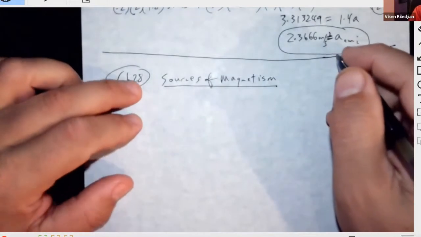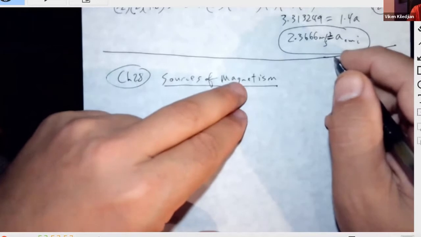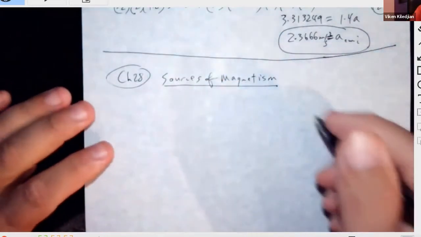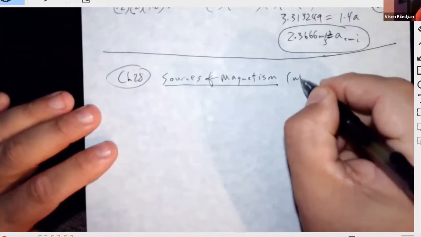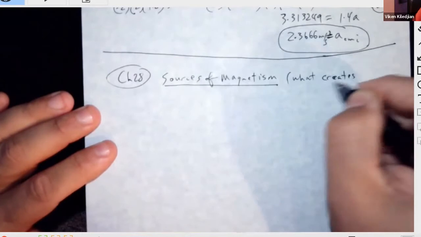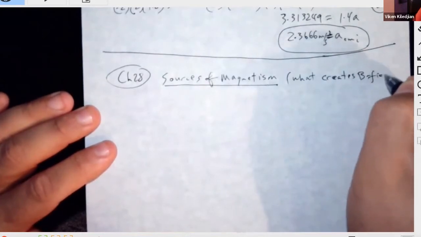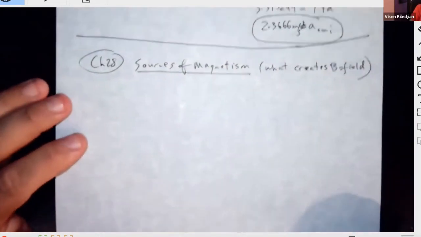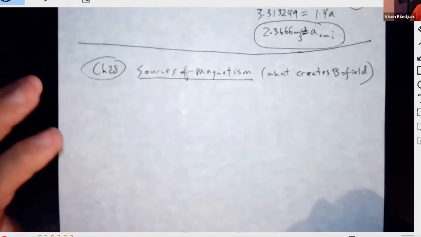And how does it affect loops? But now we want to learn, where does magnetism come from? What creates magnetism? So in other words, what creates the B field?